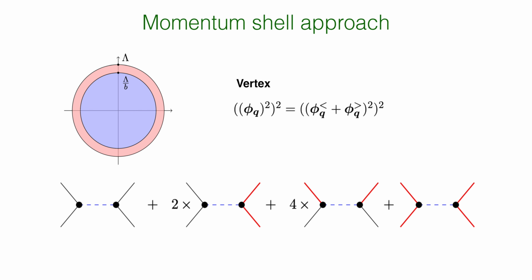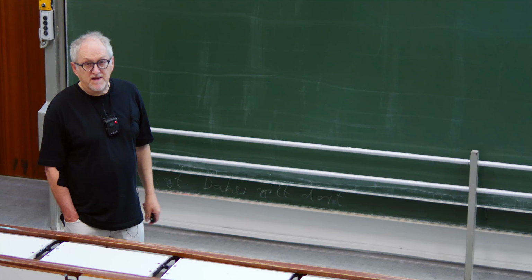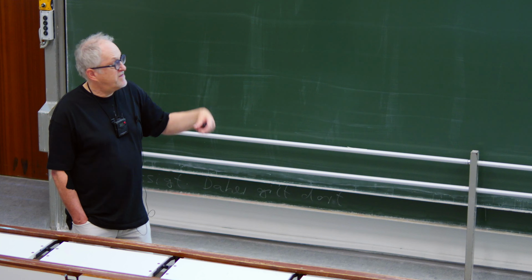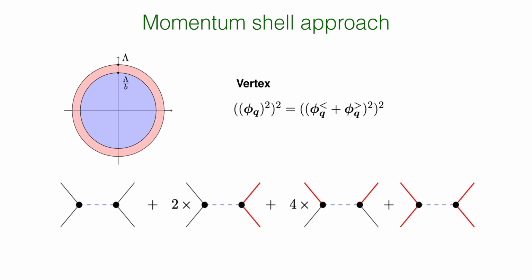So you get two either by using the binomial formula, or you can just ask how many ways are there I can put the red lines here, and there's two. I could put them on the right, and I can put them on the left. You can ask how many ways can I put the red lines here? Well, I can put one red line here or there. That's four cases.